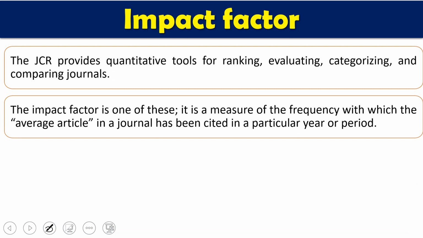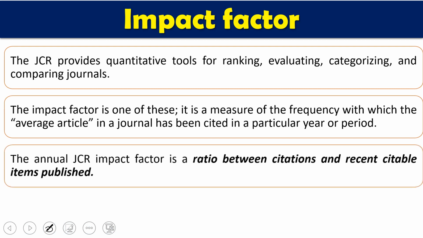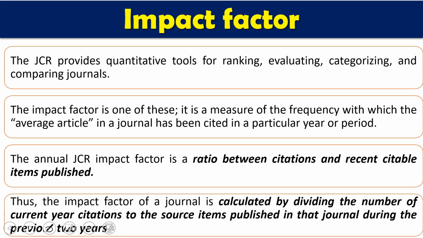So this impact factor is a measure of the frequency with which the average article of a journal has been cited in a particular year or particular period. And every year, the JCR impact factor is a ratio between the citations and the recent citable items published. Thus, the impact factor of a journal is calculated by dividing the number of current year citations, current year meaning the previous 2 years' citations, to the source items published in that journal during the previous 2 years.